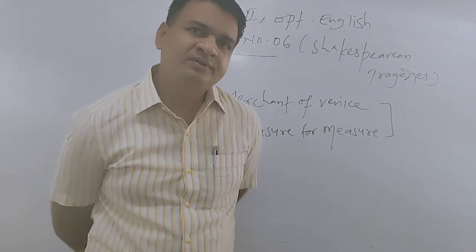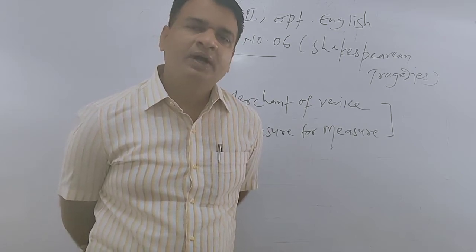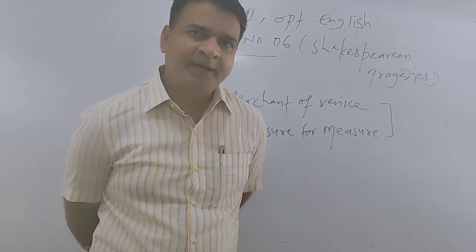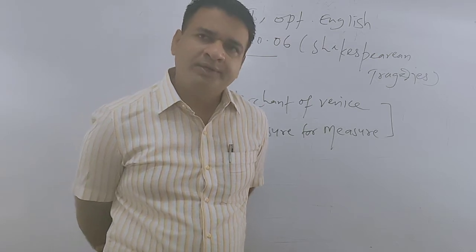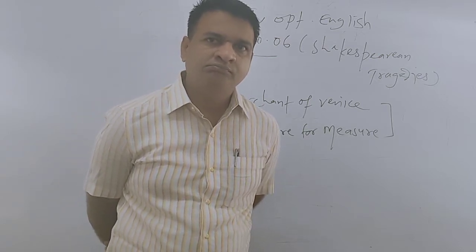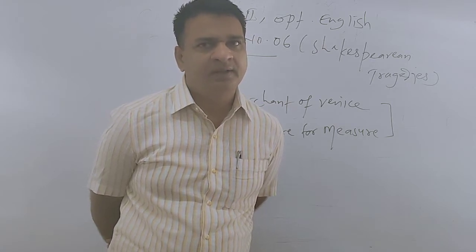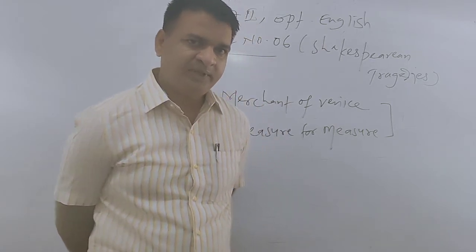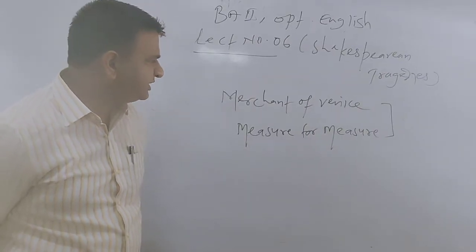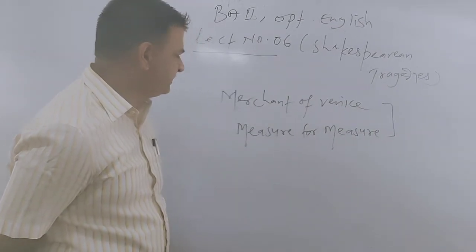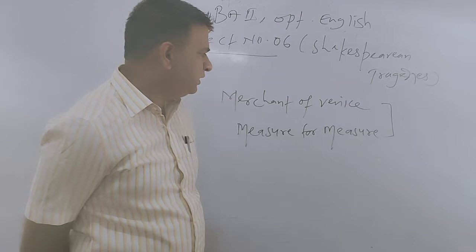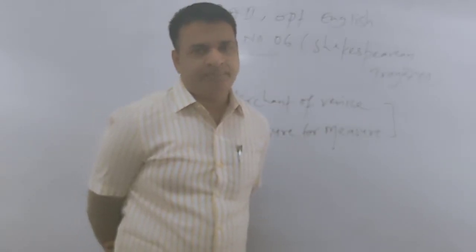We have discussed earlier King Lear, Othello, Hamlet, Macbeth, Romeo and Juliet, Troilus and Cressida, Antony and Cleopatra as well. And today we will discuss a little bit about the Merchant of Venice and Measure for Measure.